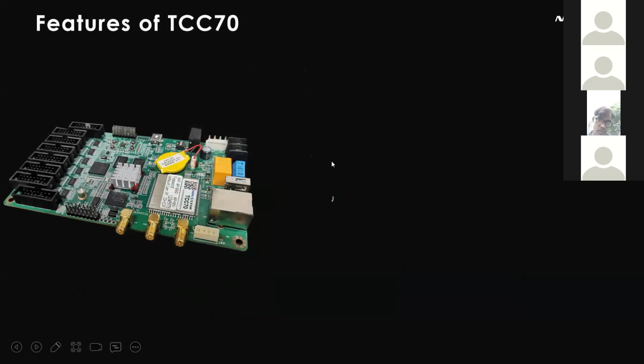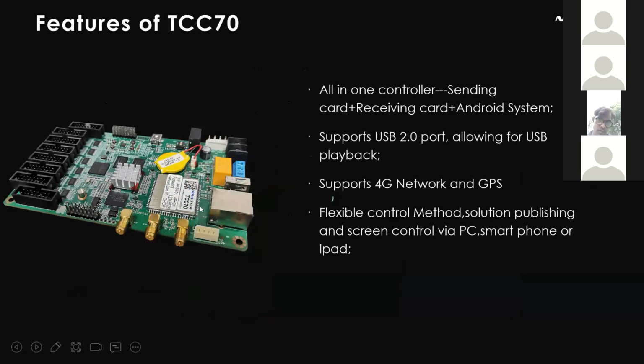So what are the features of the TCC70? First of all, it is an all-in-one controller, which means we have already integrated the sending card function, the receiving card function, and the Android board together. So you can use it as a sending card. Meanwhile, you can use it as a receiving card.